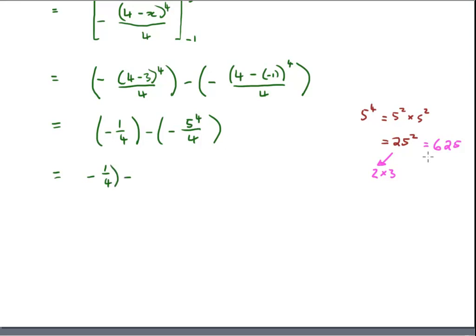5 to the 4 we've just decided is 625, which we don't lose a negative sign here, all over 4.